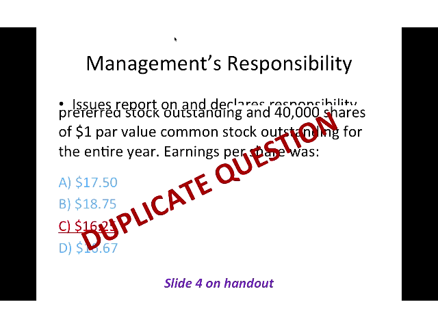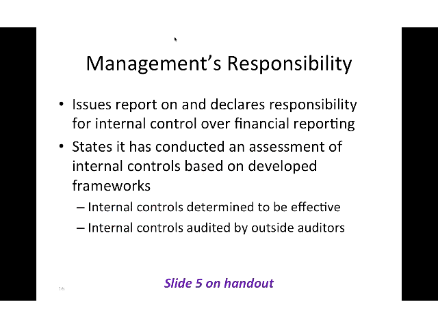But okay, so now on to management's responsibility. Now we're on to the 6th learning objective. We are leaving earnings per share for the moment, and now we're looking at management's responsibility for financial statements versus auditors' responsibilities.